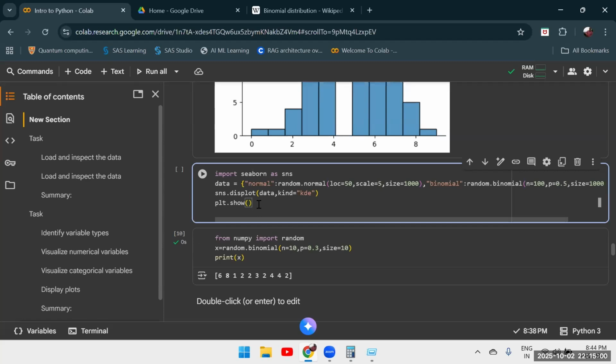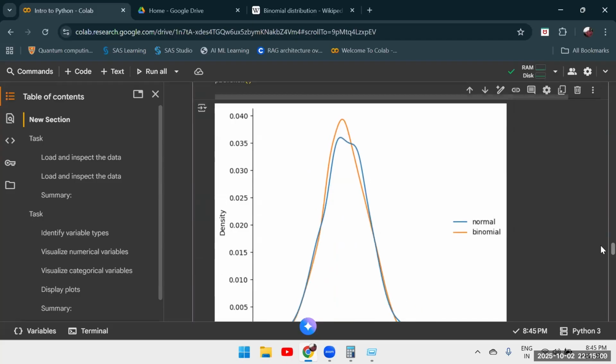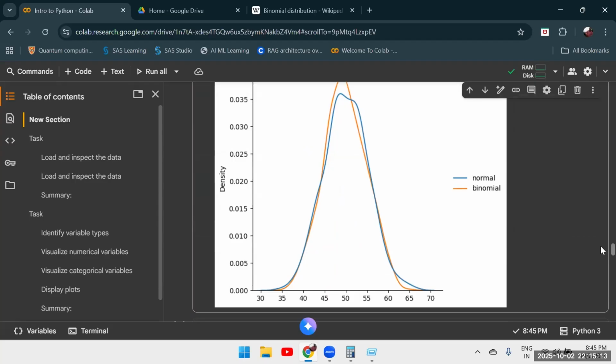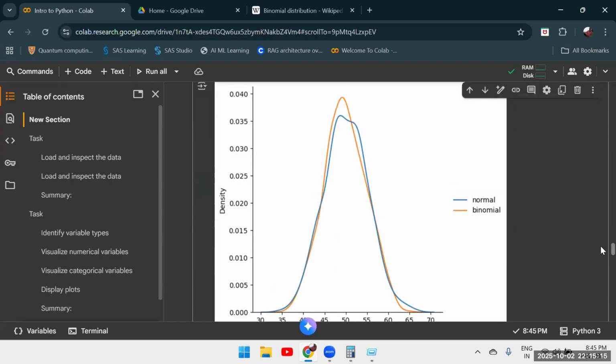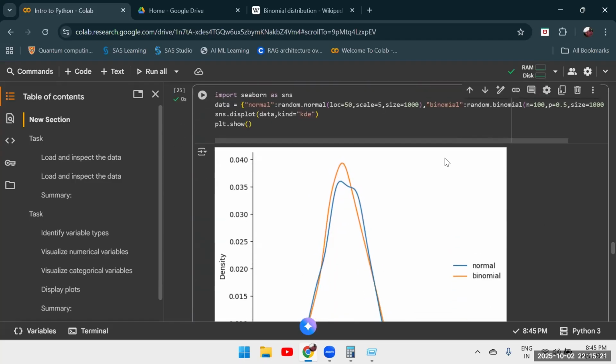Now we'll see the difference between both of these curves. You see there? The blue one is a normal distribution. The orange one is a binomial distribution. I have told a curve to be generated. As you can see, a normal distribution mostly represents continuous values.